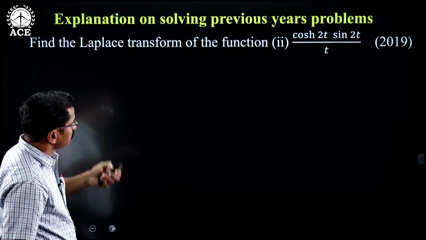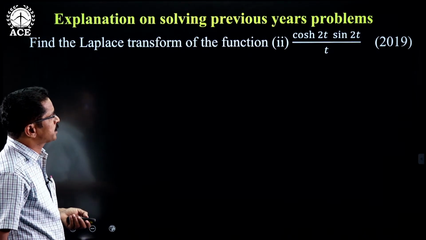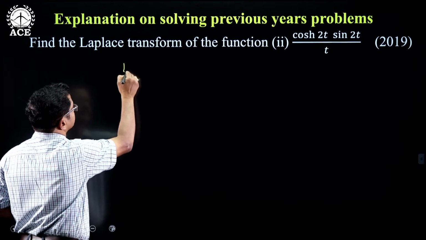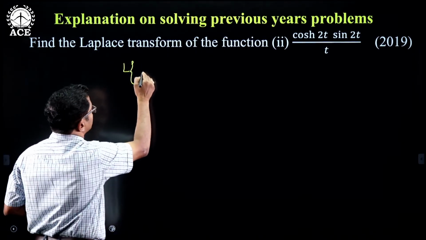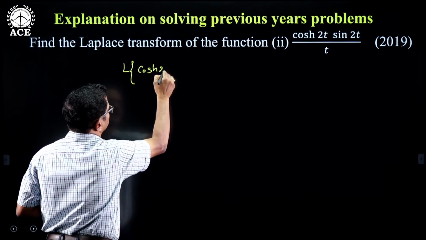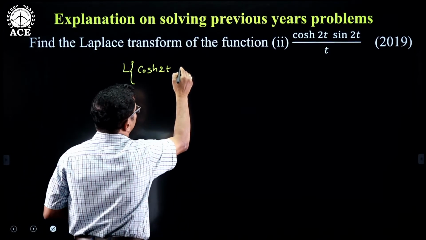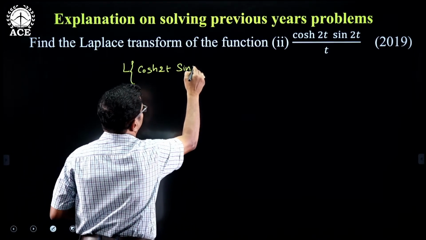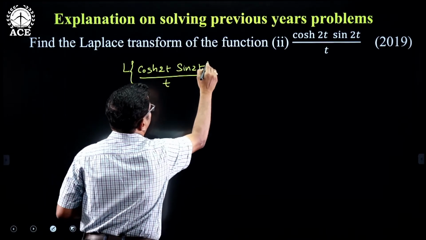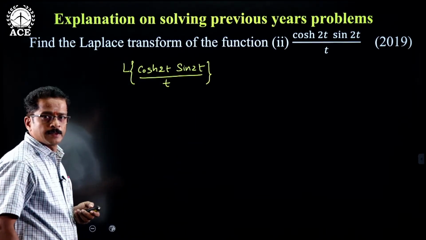Next, cos h 2t into sin 2t by t. So Laplace transform of cos h 2t into sin 2t by t. Right.